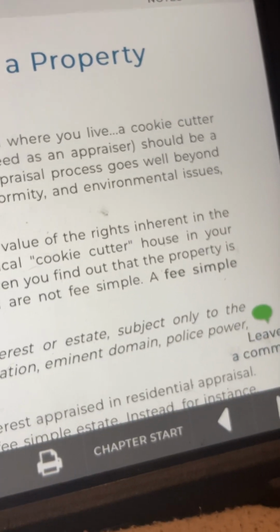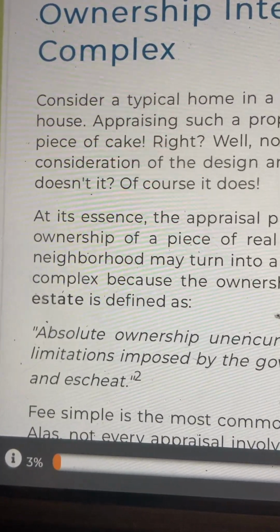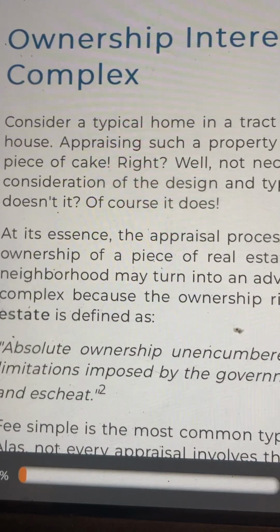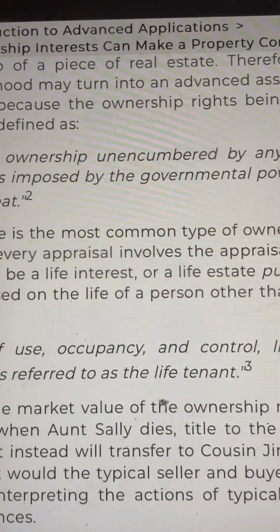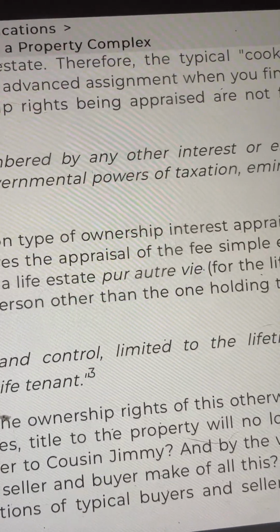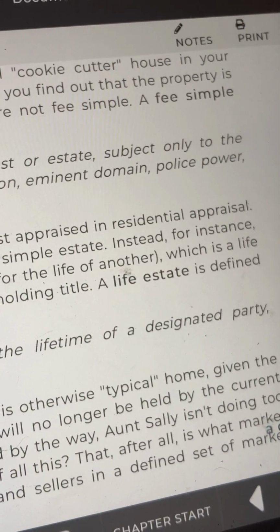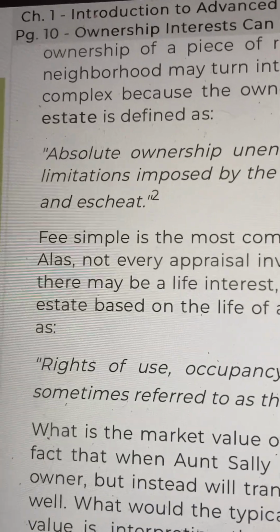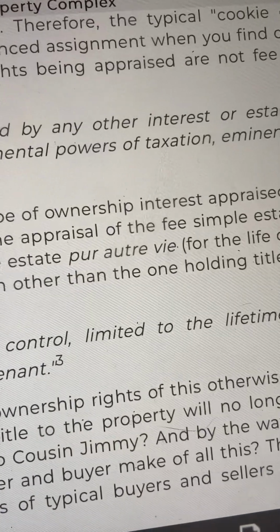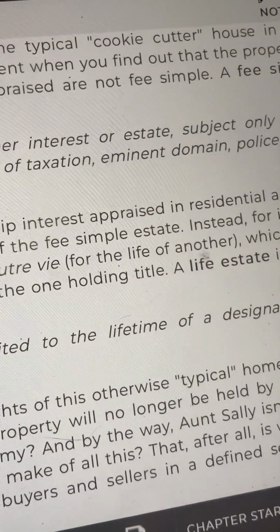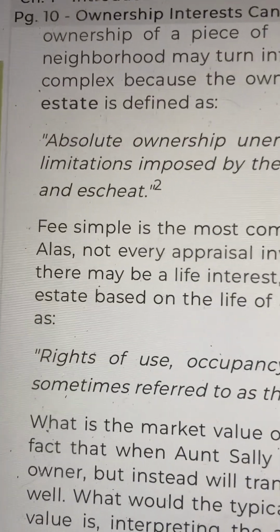A fee simple estate, that's highlighted, is defined as absolute ownership unencumbered by any other interest or estate, subject only to the limitations imposed by the governmental powers of taxation, eminent domain, police power, and escheat.